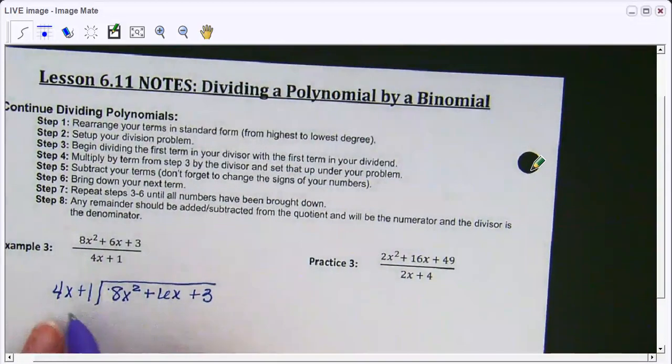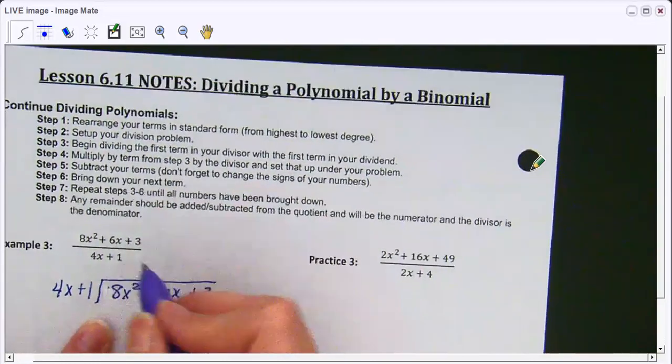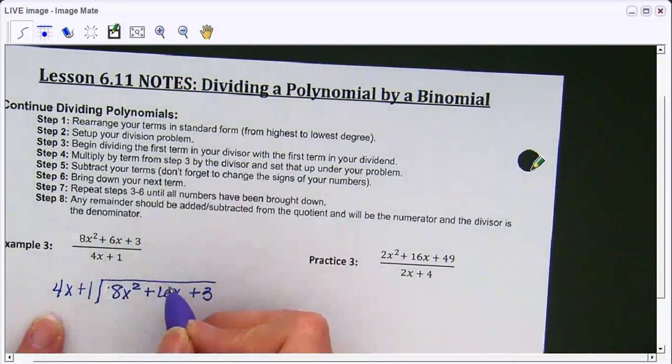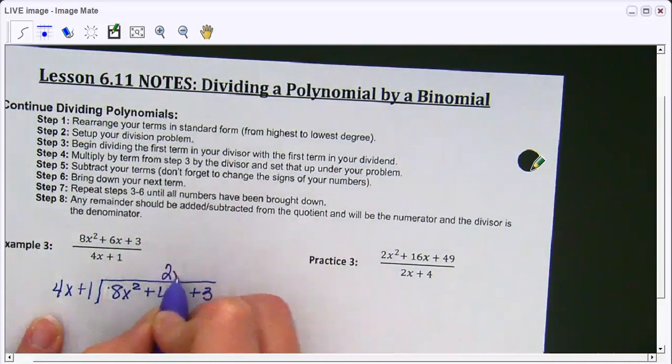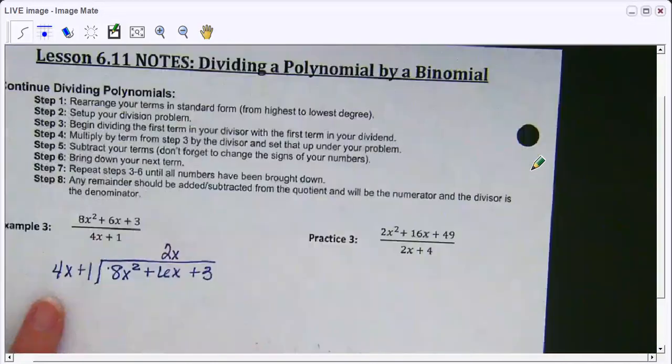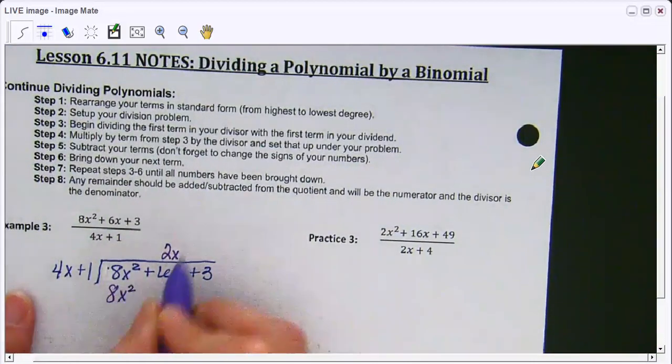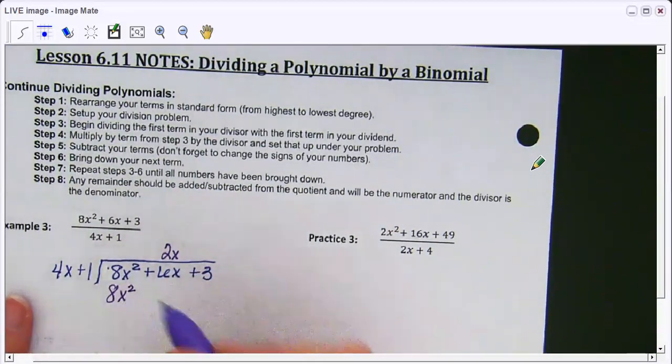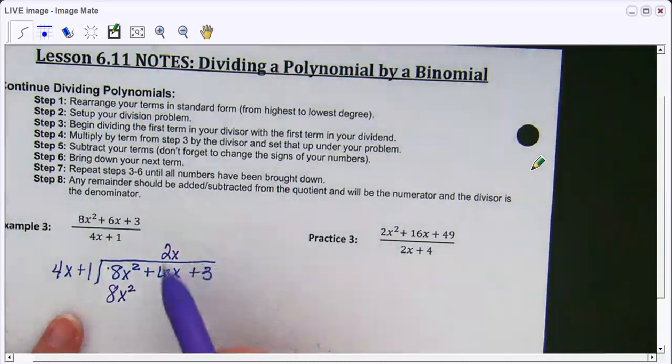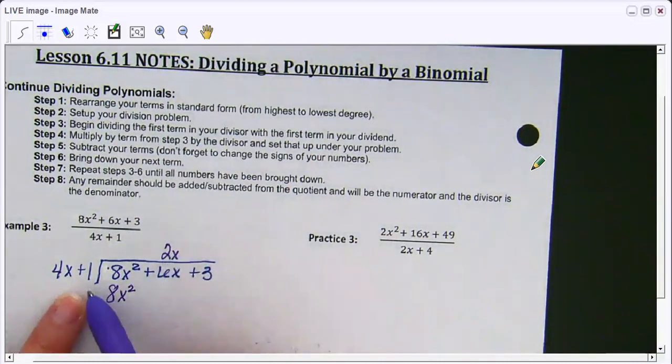So how many times does 4x go into 8x squared? 2x times, because 2x times 4x is 8x squared. Remember, your goal is to match this one. Okay, and 2x times 1 is a positive 2x.